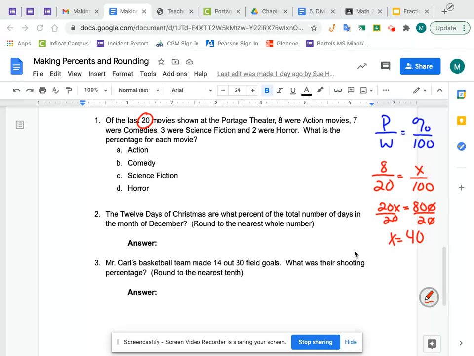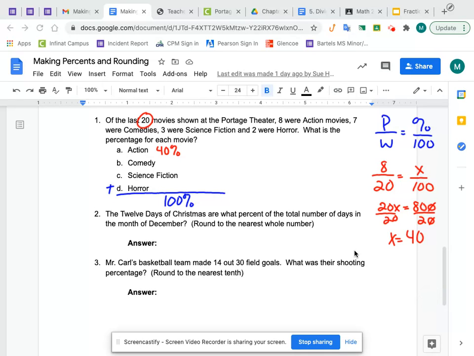So 40 percent is what percentage were action movies. And so if you follow those same steps, you will be able to get each percentage. And to check, when you get all done, this should add up to be 100%.